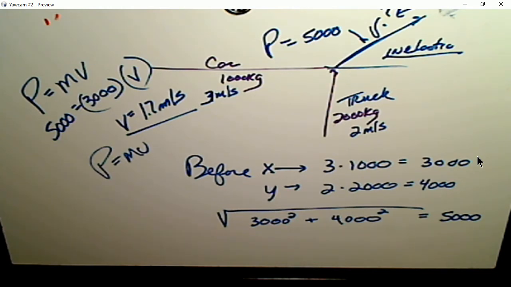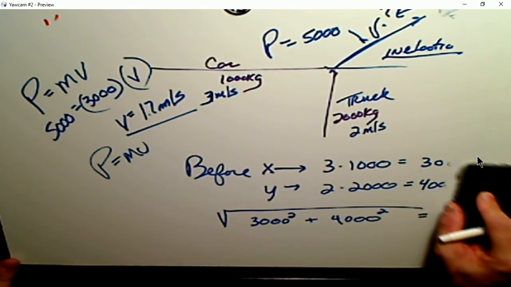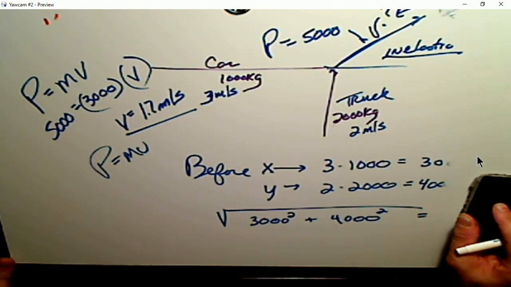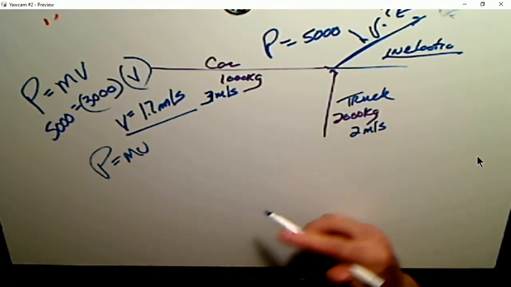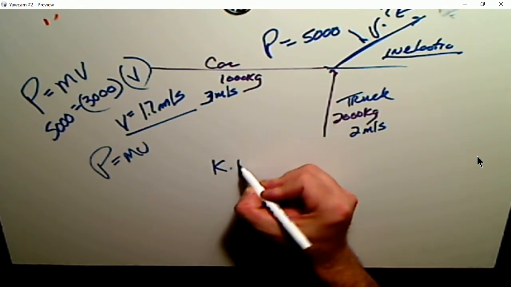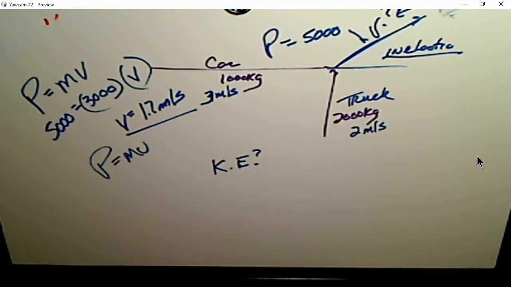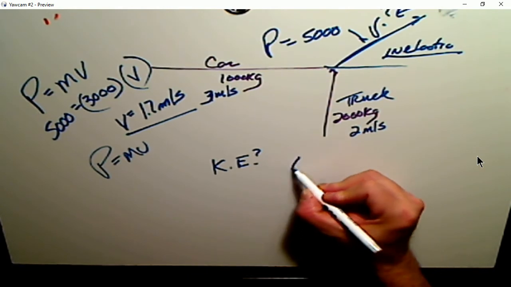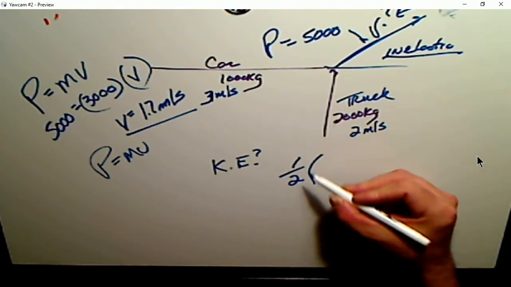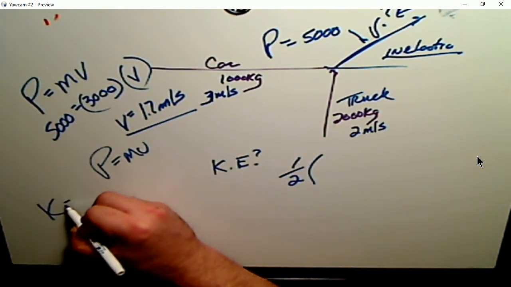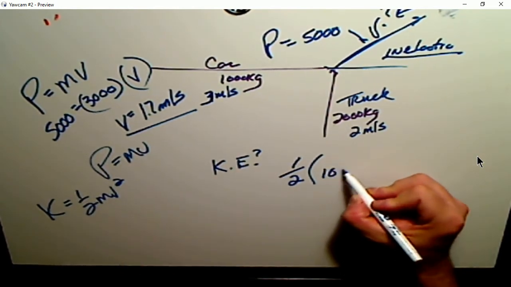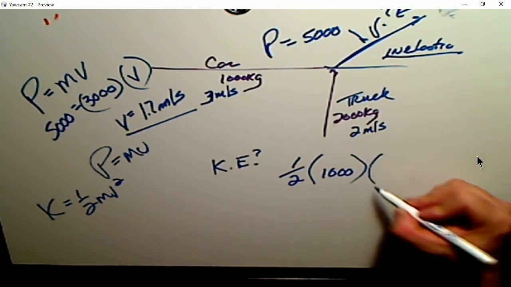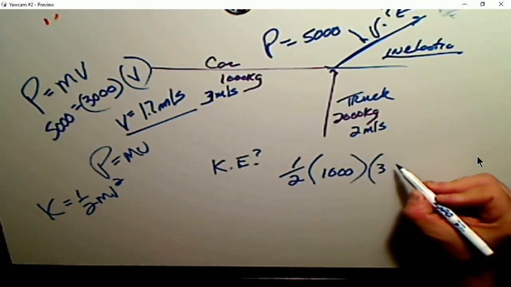Now, if you remember on that equation before, we can look at this as well in the same way. We can think of the kinetic energy before. What about kinetic energy? Well, the car has a kinetic energy of 1/2, write that down, kinetic energy 1/2 mv squared, right? 1/2 times the mass times the velocity, 3 squared.